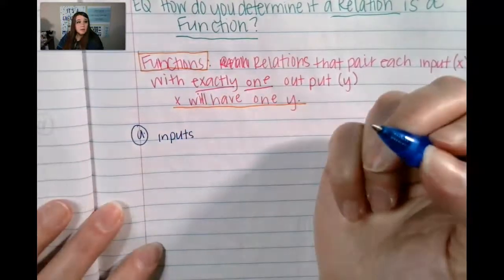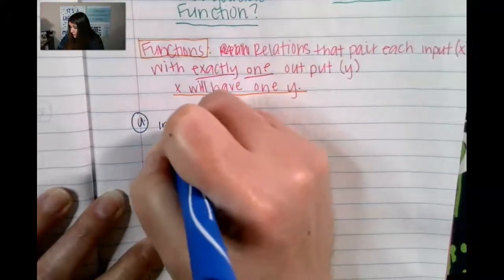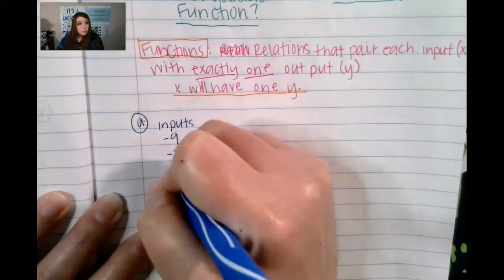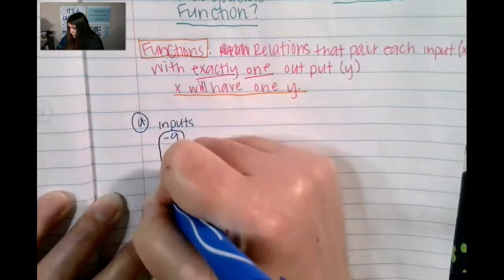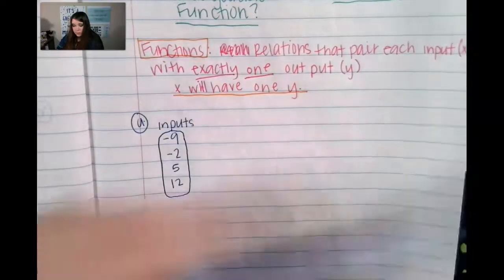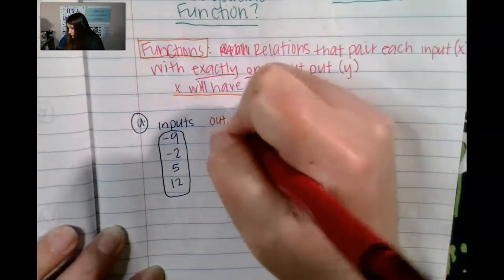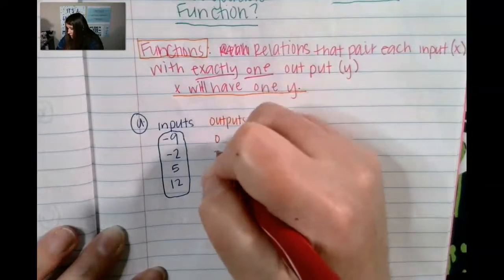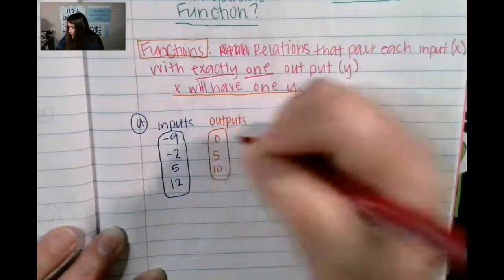So they will give you some inputs that look like this: -9, -2, 5, and 12. There's your inputs, and then it has outputs on this mapping diagram, and your outputs here are 0, 5, and 10. So your information is organized here.